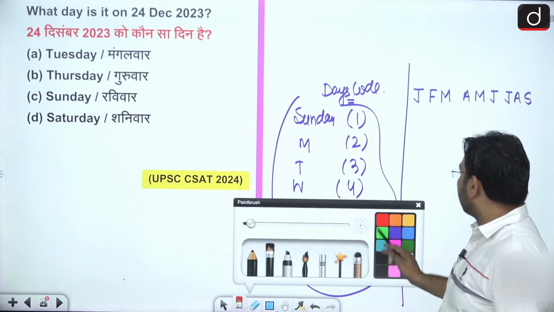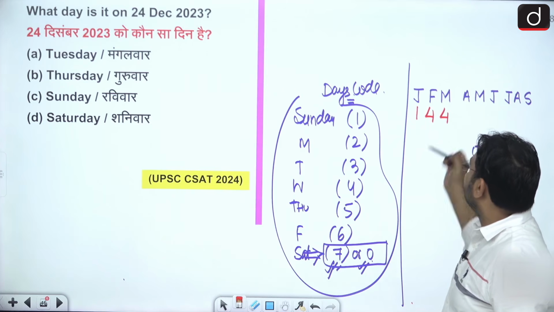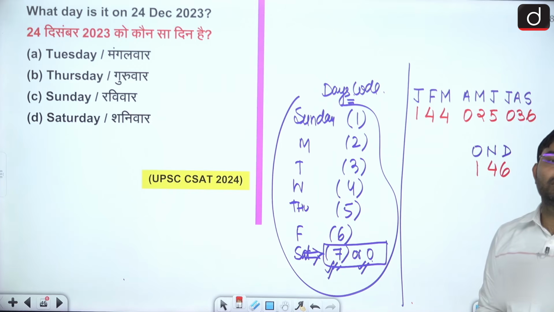You need to remember one phone number: 144. Repeat with me. 144, 025, 036 and 146. How will you remember?